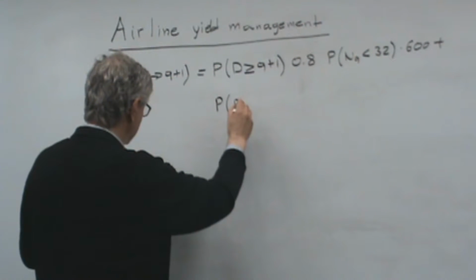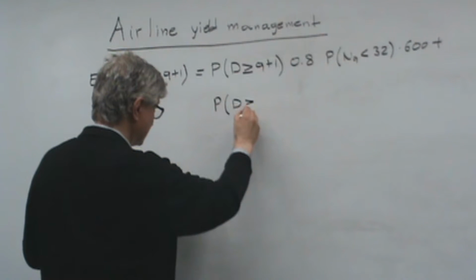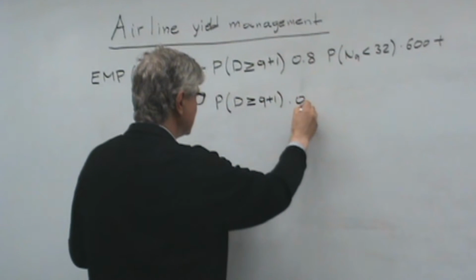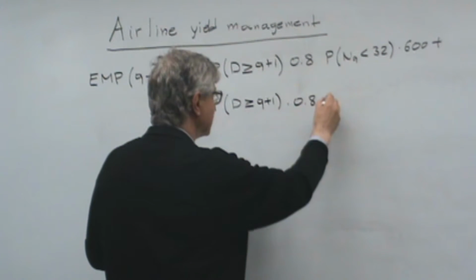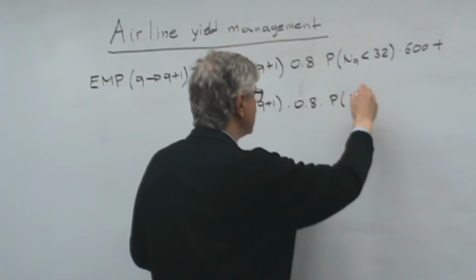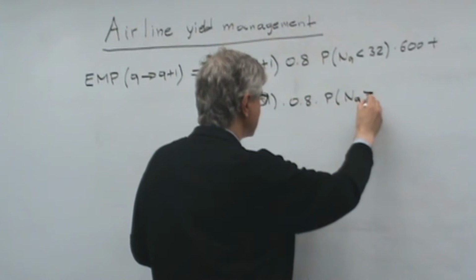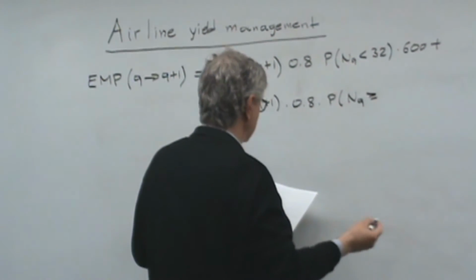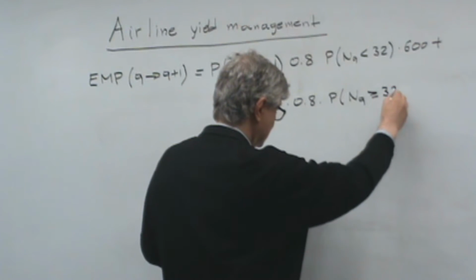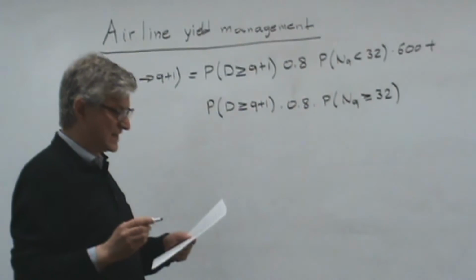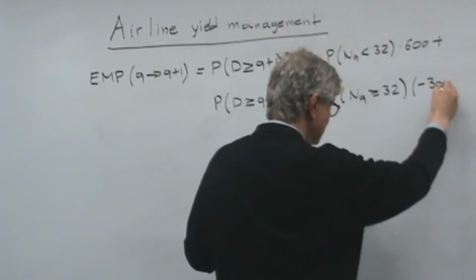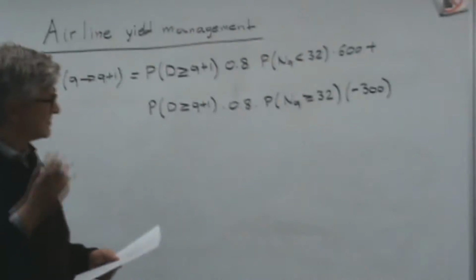So if the probability that the demand is greater than or equal to Q plus 1, times 0.8, times the probability that NQ, the number of requested or reserved seats, is greater than or equal to 32, we cannot provide an extra seat, so we compensate the customer by paying $300.